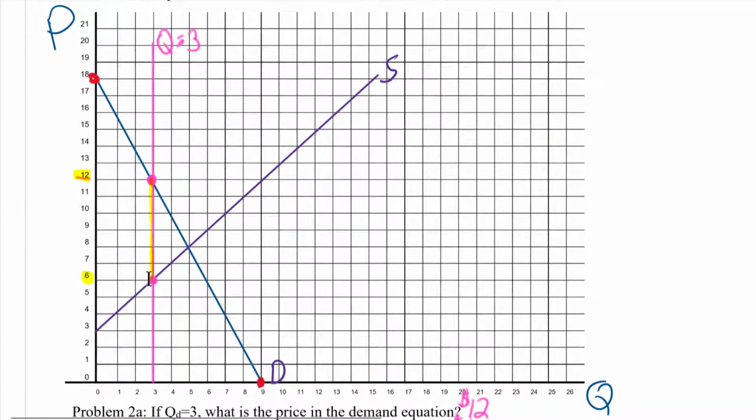So even though businesses would be willing to sell these 3 for a minimum price of $6, what we usually see is that the consumers end up having to pay more. 12. So that difference between the 12 consumers are willing to pay and the 6 the businesses would be willing to accept is the difference of $6 that we highlighted there in yellow.